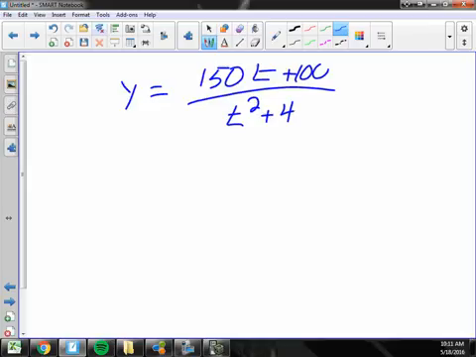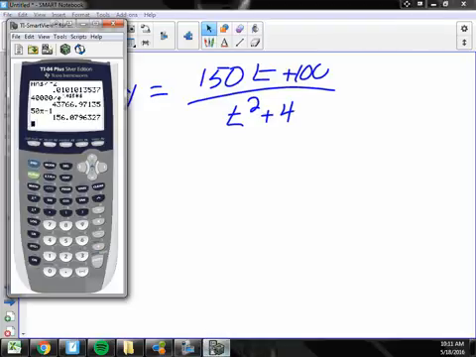You could graph it, and hopefully it's a nice number. Let's try graphing it, see what happens. So 150x plus 100 divided by x squared plus 4.